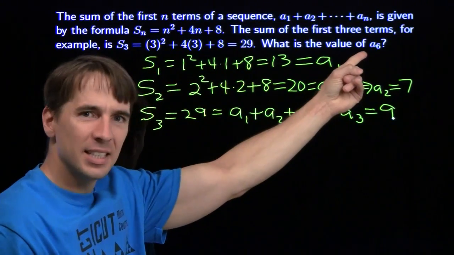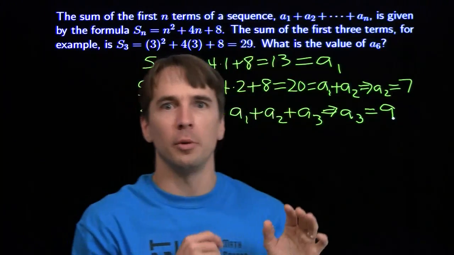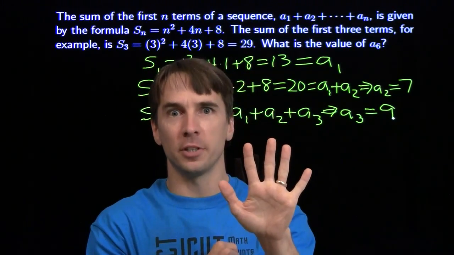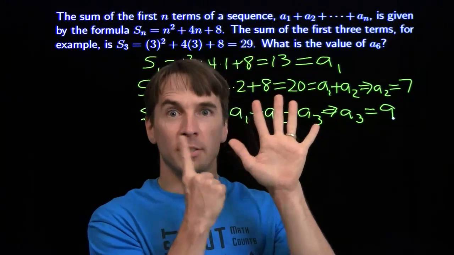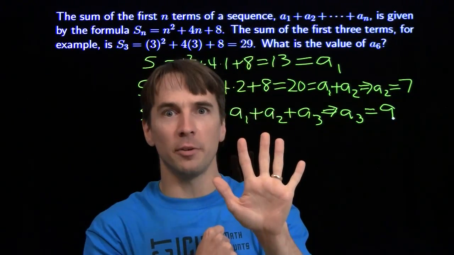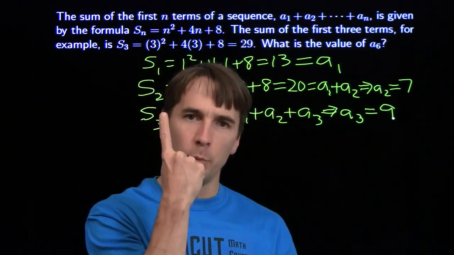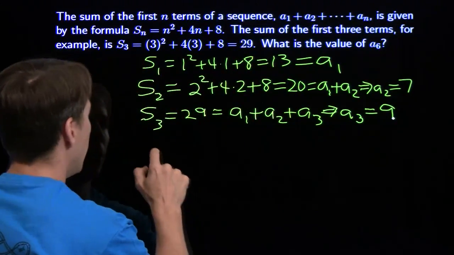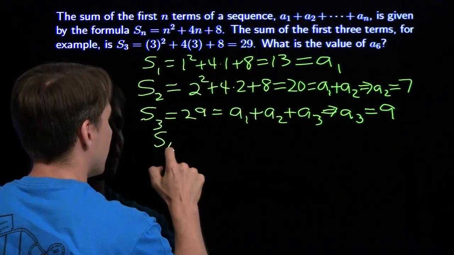So to get to A6, we start with the sum of the first 6 terms and subtract the sum of the first 5. Sum of the first 6 minus the sum of the first 5. All these over here will cancel out and we'll be left with this one. Here's what it looks like when it's not just fingers. We're going to start off with S6.